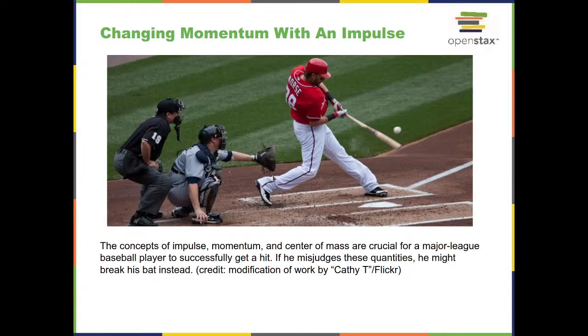So the goal of this chapter is essentially what makes a baseball change direction when there's an impact with a bat. That's one way to summarize this entire chapter. We don't necessarily want to care about the details of the interaction of the baseball with the bat. We just want to know what is the ultimate effect on the baseball.